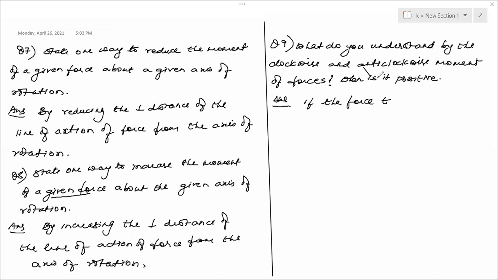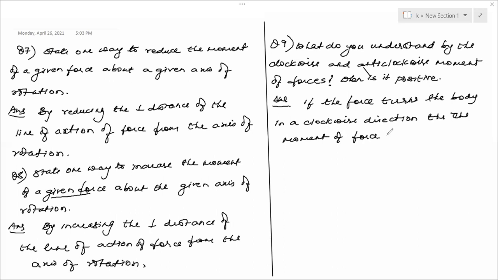Okay, so listen. If a force turns the body in a clockwise direction, then the moment of force is said to be clockwise moment of force.